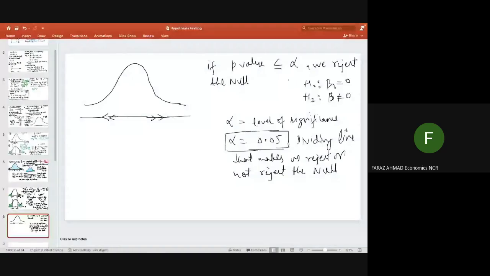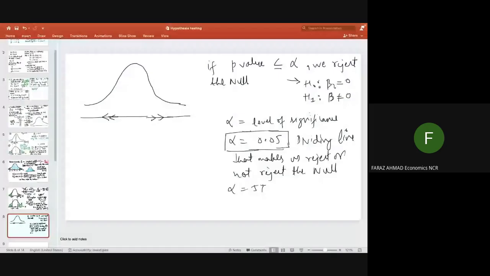So we are testing a hypothesis that beta 2 is 0. We will be able to reject it or not reject it, and it depends on alpha, right? So alpha is the dividing line, because only if p-value is less than or equal to alpha are we going to reject the null. So it comes down to alpha. Now, how do we say that alpha is 0.05?